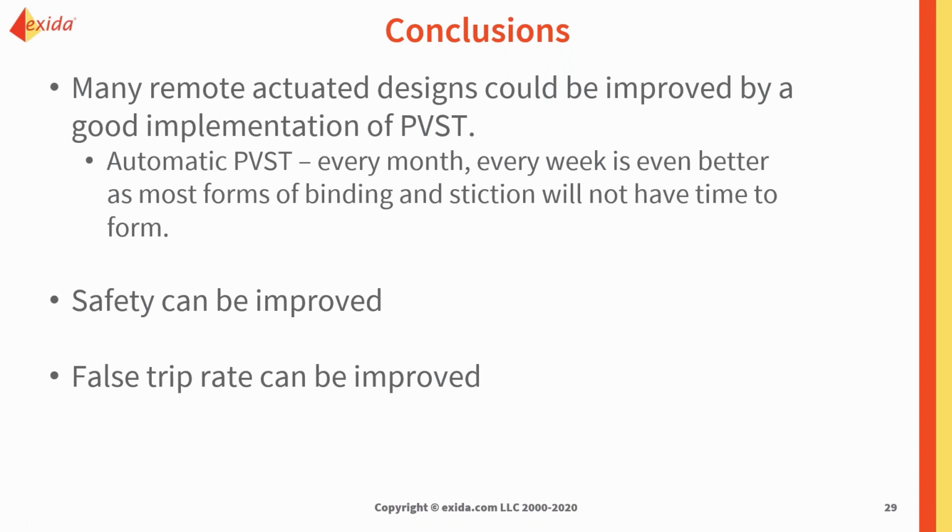When we automate it to take place every month, that's great. And if we can automate it to take place every week, that's even better. So what we've seen is safety can be improved and false trip rate can be improved. Interesting results. So that's what I have to share with you today.